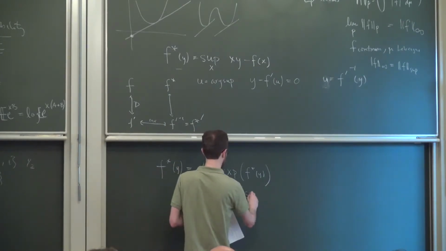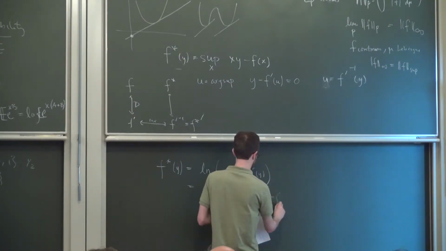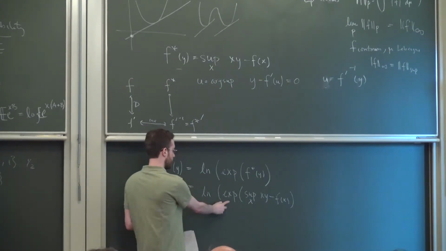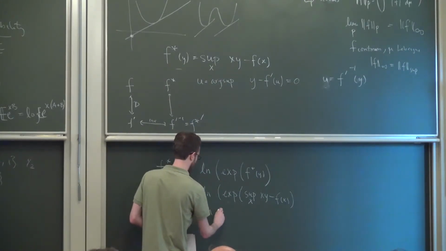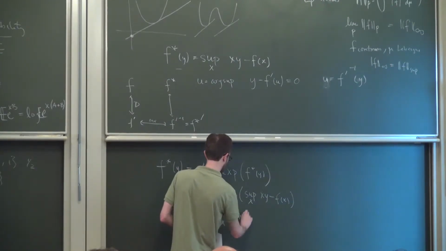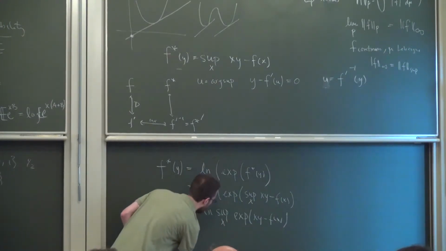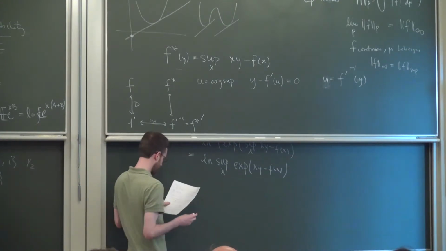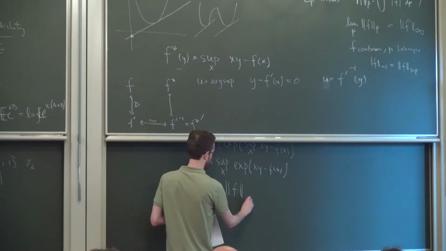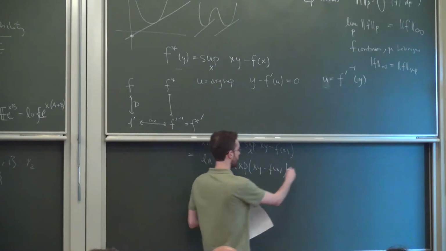This is sup over x of xy minus f of x. This is an increasing function, so I can bring the sup out here.